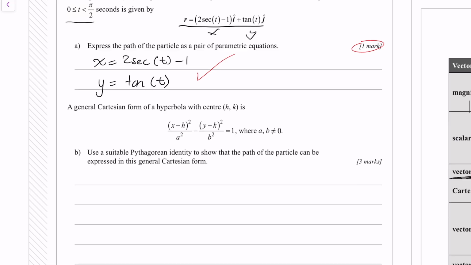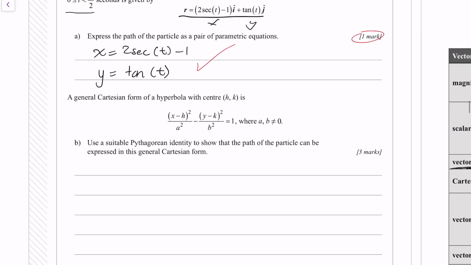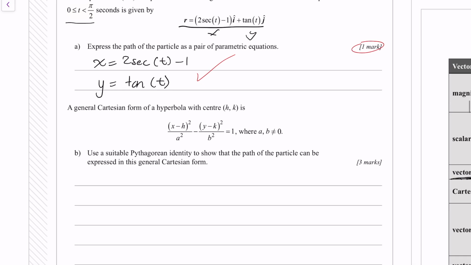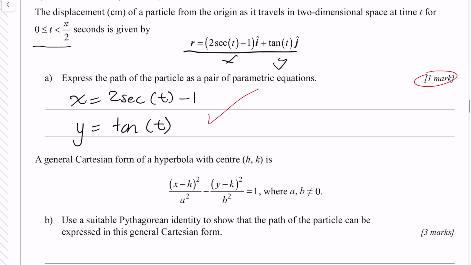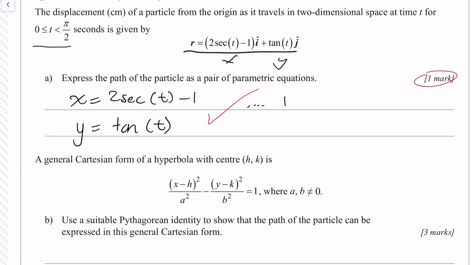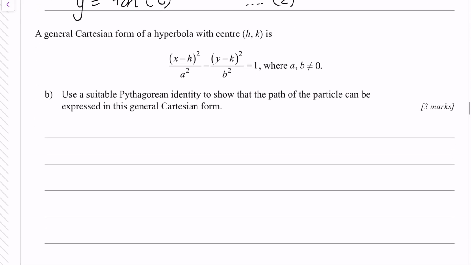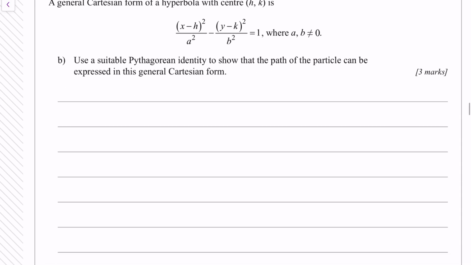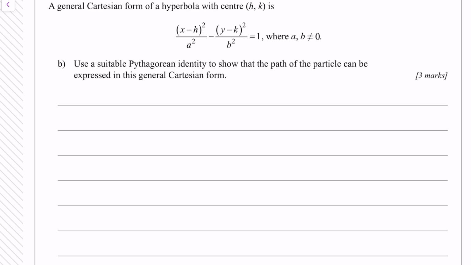Okay, so for this question, I'd probably look back to A and then I would label my different equations. So this would be equation 1, and then this would be equation 2. Okay, just so I can pass that on into this part B equation, right?